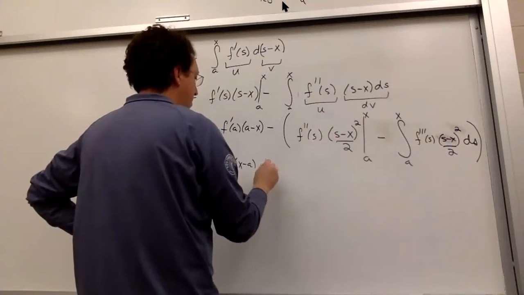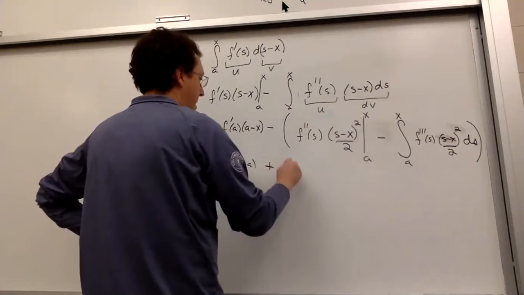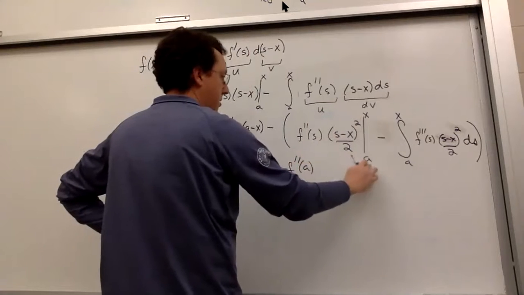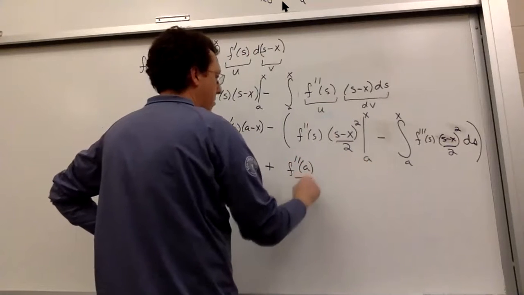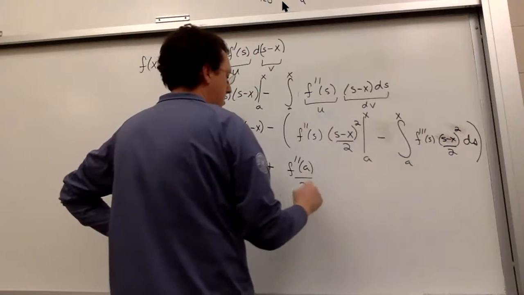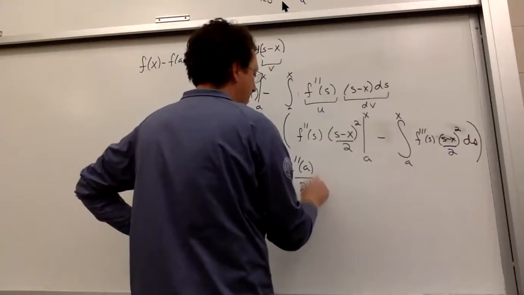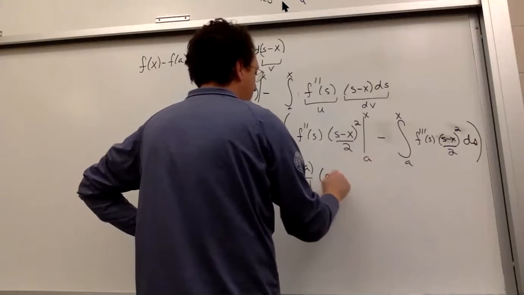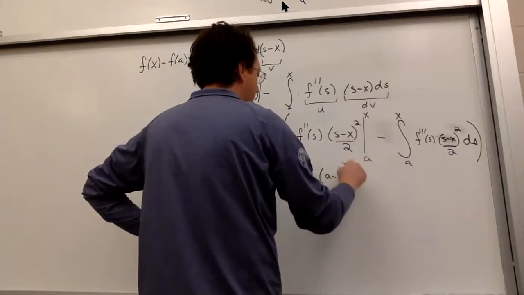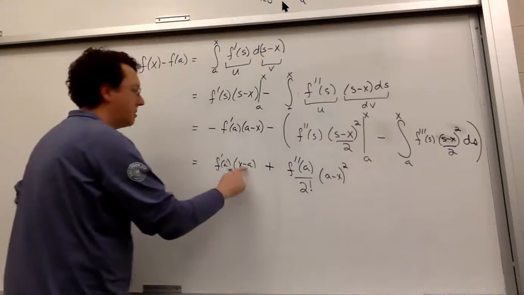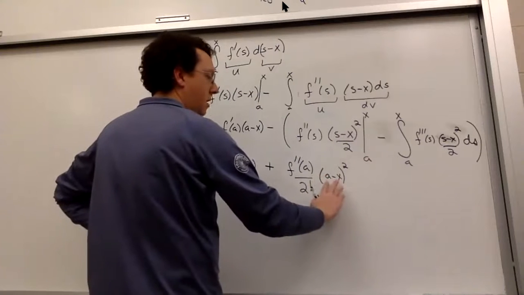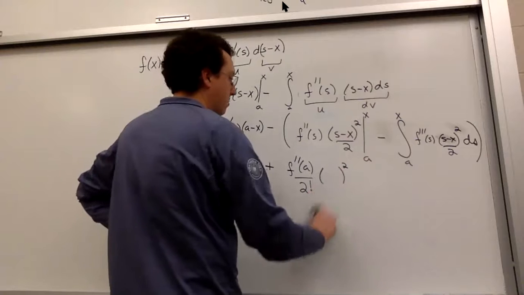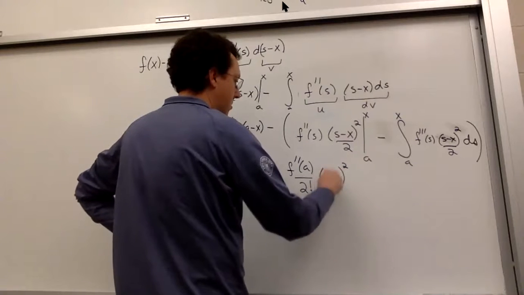So they cancel out, and you get plus f double prime evaluated at the lower limit, over 2, and 2 is the same as 2 factorial, times a minus x squared. Well, since I had x minus a, then I want to write it the same way, and that's okay. I can reorder these because of the squared nature for free.